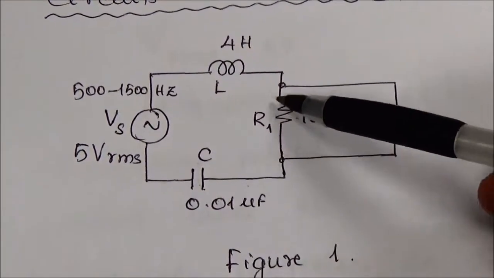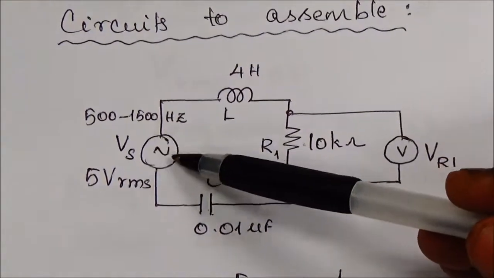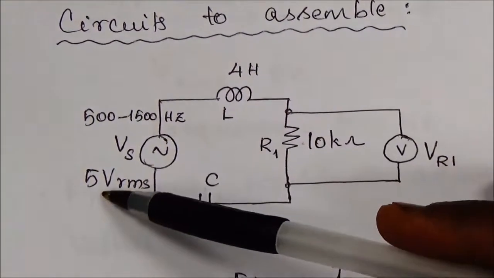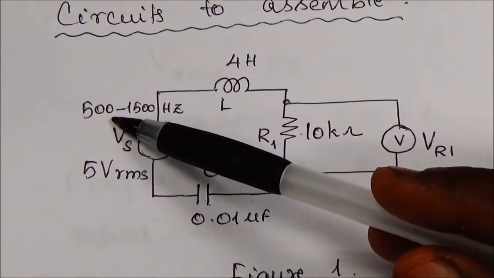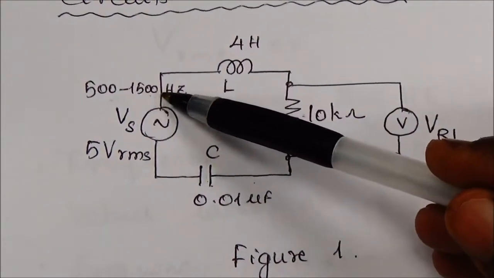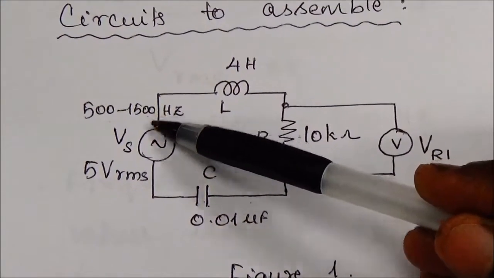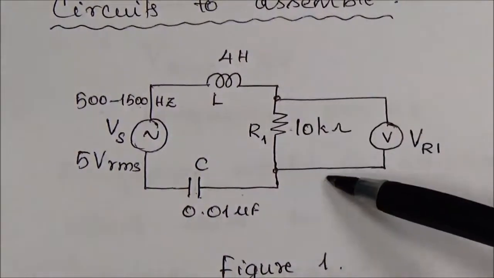All these series components should be connected across the function generator supplying 5 volts RMS. Initial frequency setting is 500 Hz. We are going up to 1500 Hz in steps of 50 Hz to identify the voltage drop across R1.